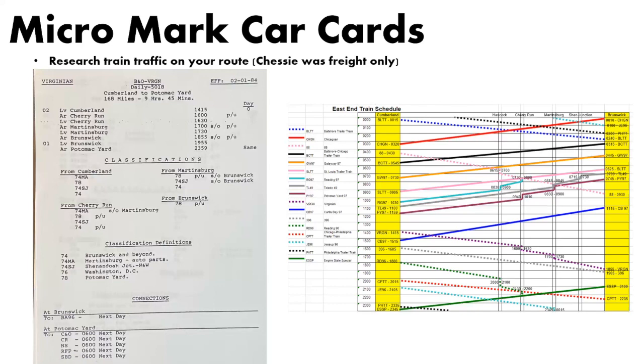And so trains traveling to the west are in solid, trains traveling to the east are in the dash line. And if you look down here, this kind of purpley dash line is the Virginia, going from 1415 all the way down to finishing at 1855 in Brunswick. So that's the train we're talking about.